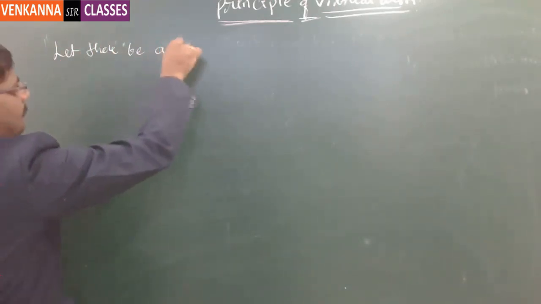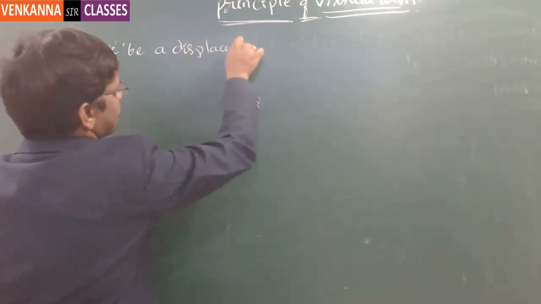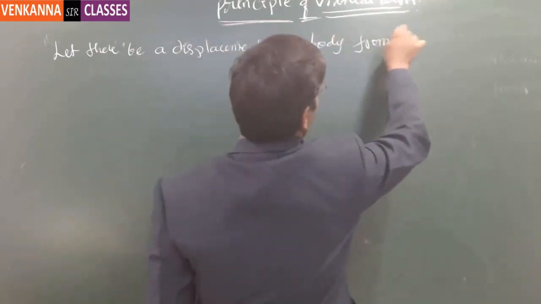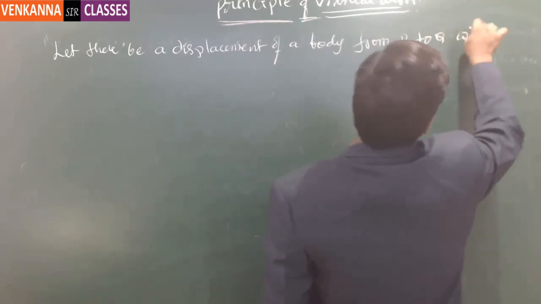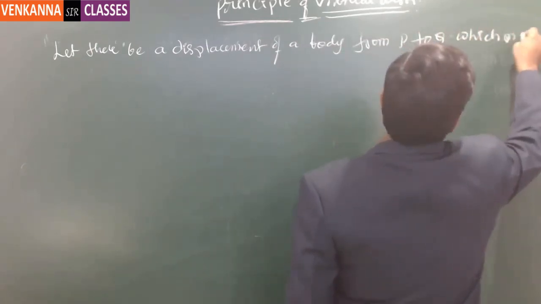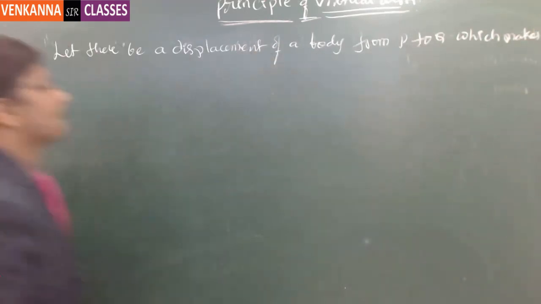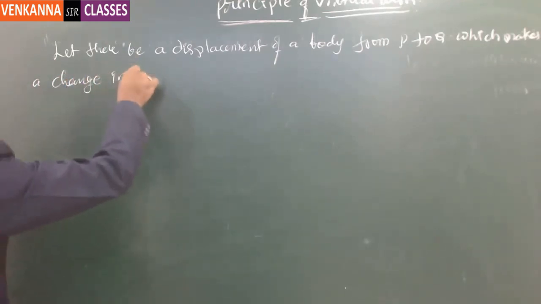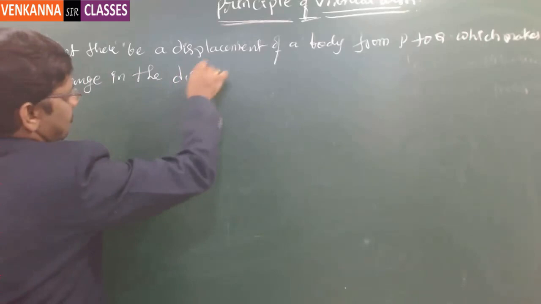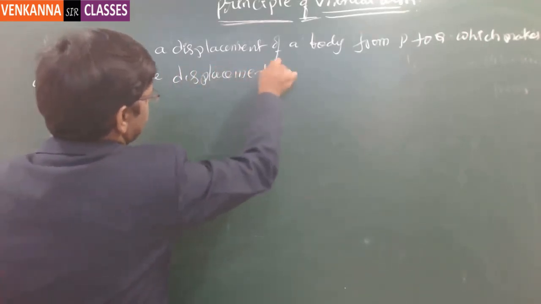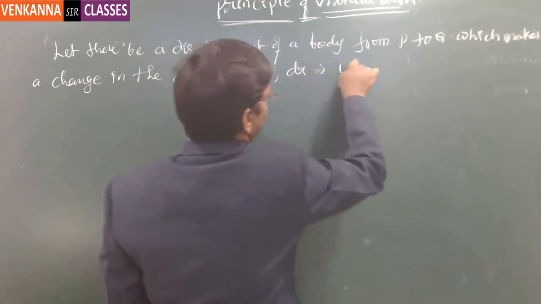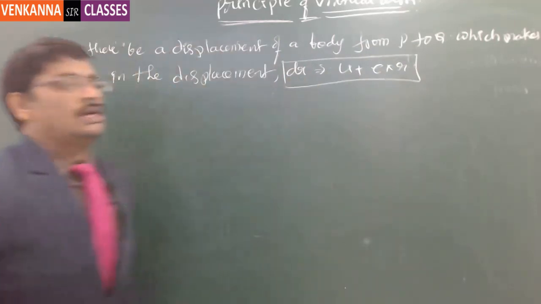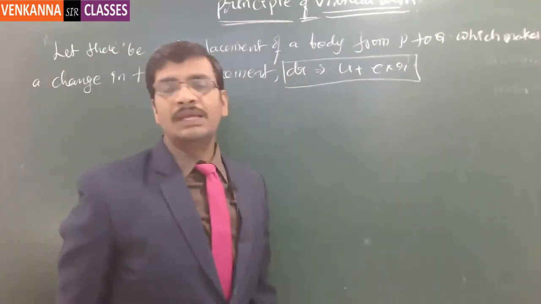Let there be a displacement of a body from P to Q, which makes a displacement dr, which is given as u plus e cross r. I discussed this yesterday. So dr is equal to u plus e cross r.